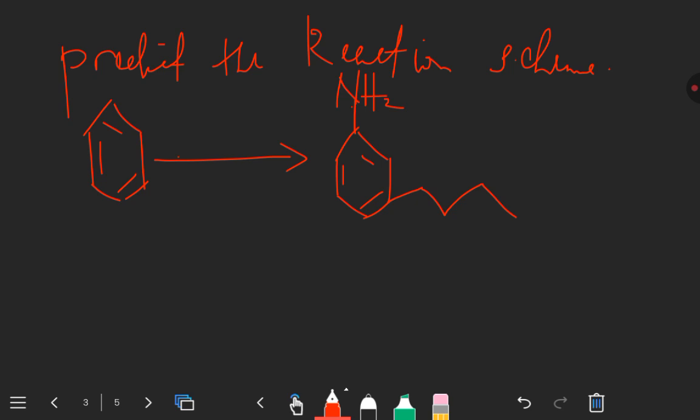So the first thing, you can see that this reaction has undergone what is known as alkylation. So to add this chain of an alkyl, they had to just perform alkylation. So what we are going to do is, we are just going to count how many hydrogens and how many carbons were added, so that we can put the reagent there.